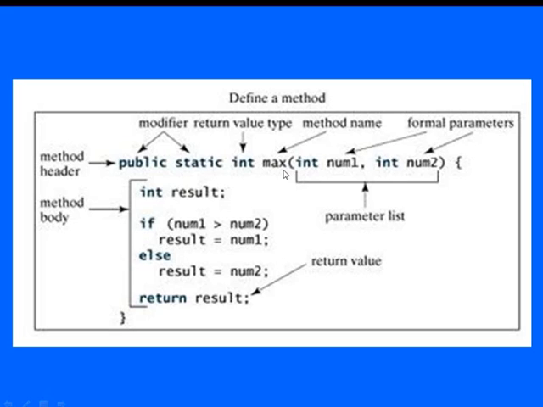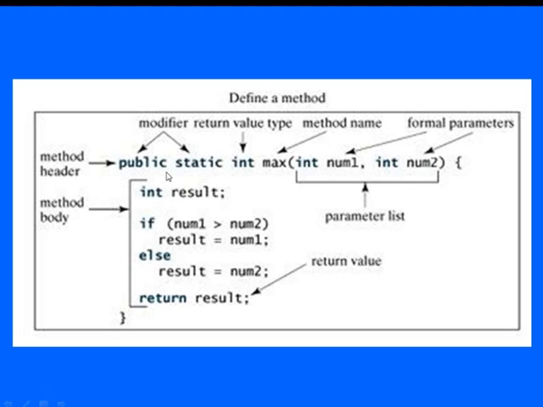Max is the method name, and within these parentheses we have parameters. This is the parameter list. Here we have to mention the different parameters along with their data types: int num1 comma int num2. We cannot write here int num1 comma num2. We have to specify the data type of each parameter individually or separately.